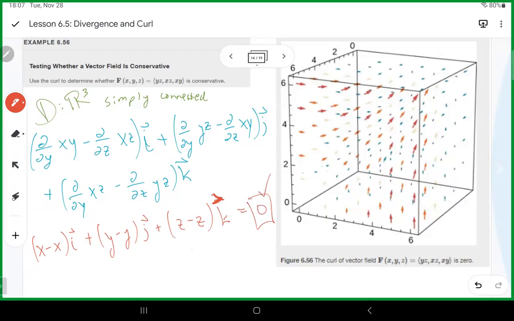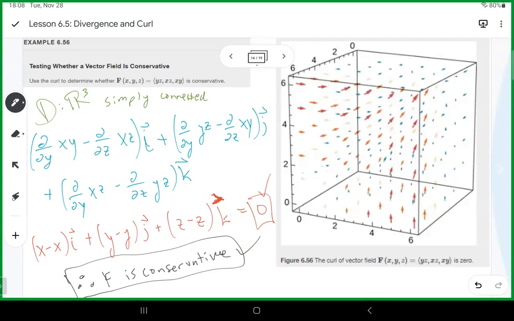Alright, so this tells us F is conservative. And more than likely, you probably would have looked at that image and assumed it was conservative, but now you understand why you would have made that natural assumption.